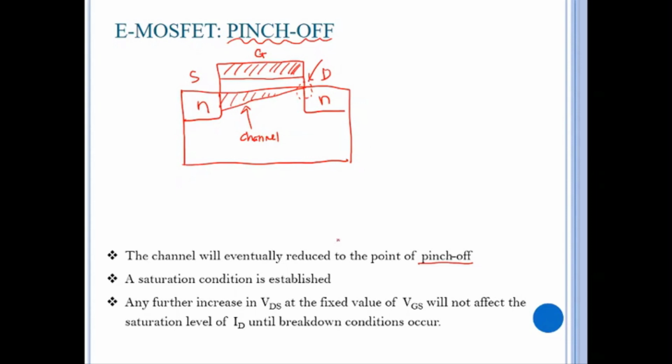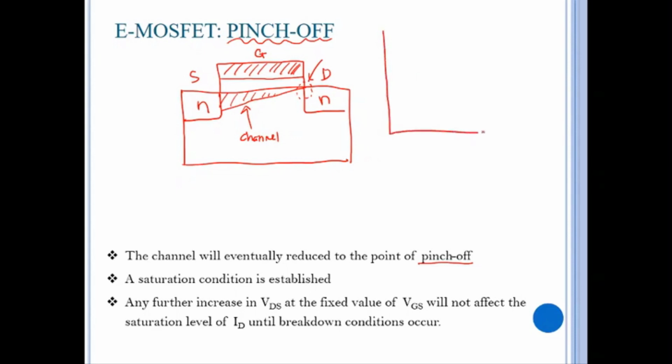Okay. So what happens is, although the channel is pinched off at the drain end, the current can still flow from the source to the drain. But there will be a change in the IV characteristic.